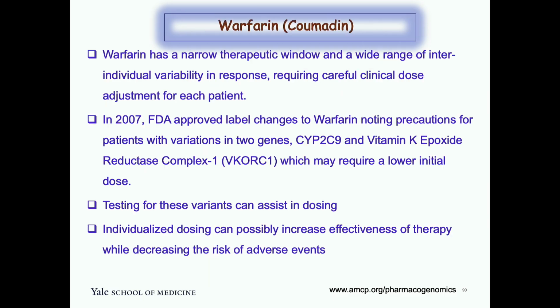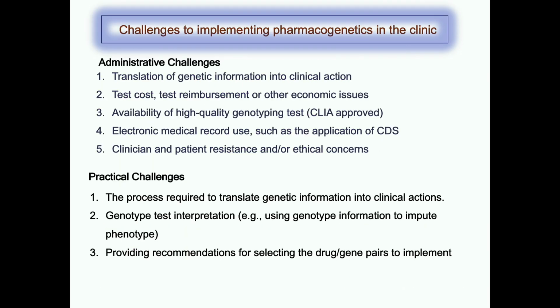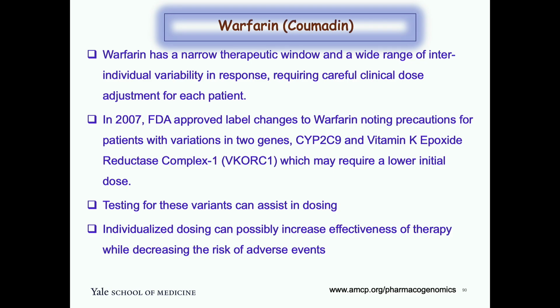The other example is warfarin. I can show you many such examples, but in the case of warfarin, if there is variation in two different genes, CYP2C9 or VKORC1, and either of these genes has a SNP, that means you should reduce the dosage level.